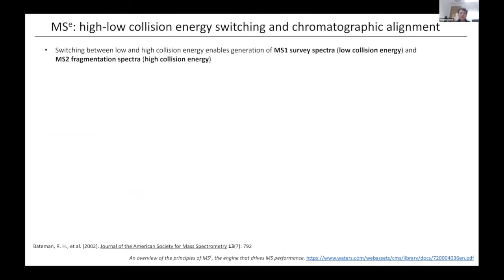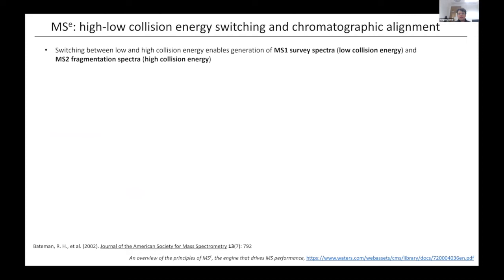So what I would like to move on to now is a different approach that has been termed data-independent acquisition, or DIA. And what I'm showing here is a very early approach that was utilized and was termed MS to the E acquisition, or high-low collision energy switching.